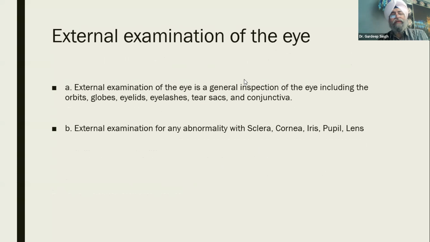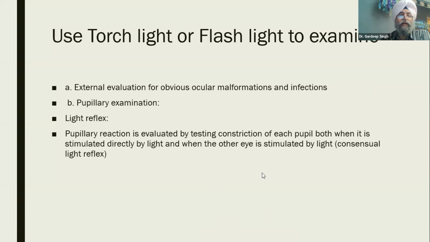Examination starts with the external examination of the eye. In the external examination, we look at the external structures ranging from the eyelids, eyelashes, globes, and then tear sacs and conjunctiva. After that, the sclera, cornea, iris, pupil, lens. This is how we look, especially remembering the three circles, outer, middle, and inner, so that anomalies can be detected early.